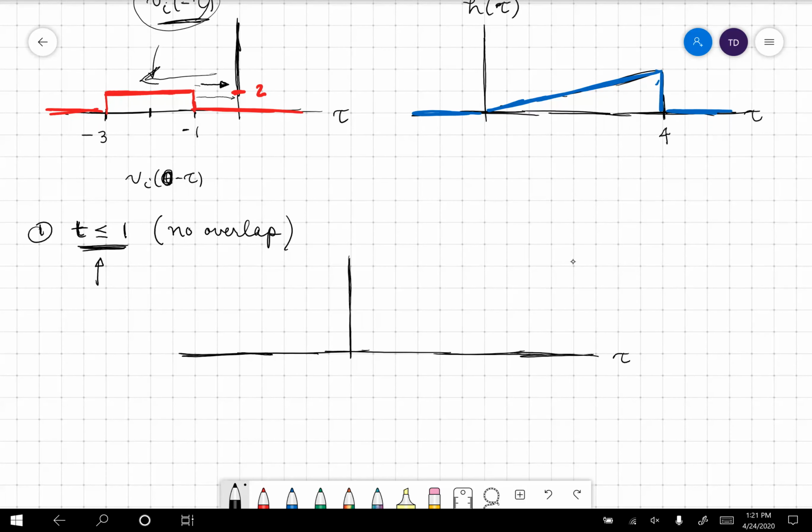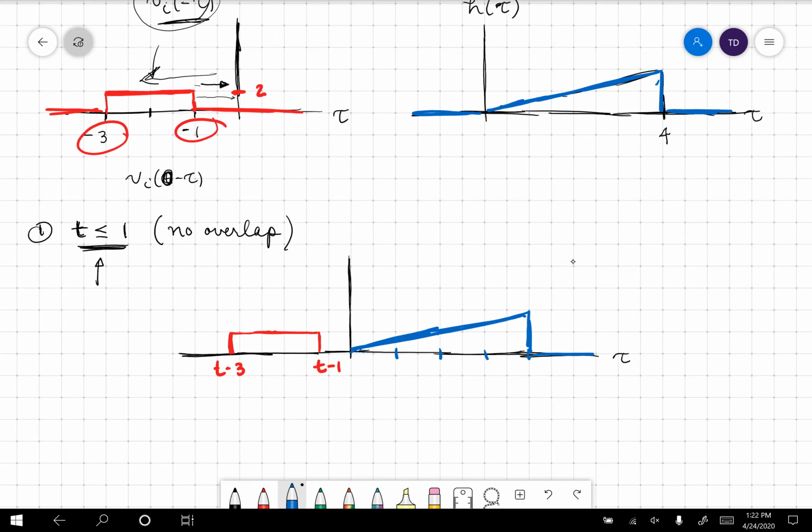So here's a typical picture. This function is somewhere over here. This leading edge is t minus 1. This trailing edge is t minus 3. Notice all I did is add a t to that. That's how you figure those out. Just add a t to it. This function over here is still this.